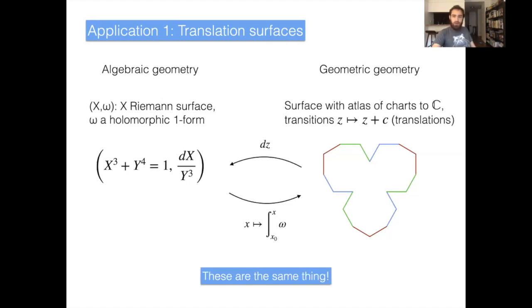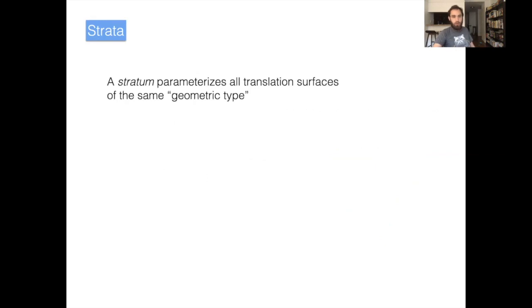And the upshot of this is that these are the same thing. So if you're interested in studying the family of translation surfaces, these get packaged together in moduli spaces of translation surfaces, and these things are called strata. So a given stratum parametrizes all of the translation surfaces of the same geometric type. And what I mean by geometric type is the following.